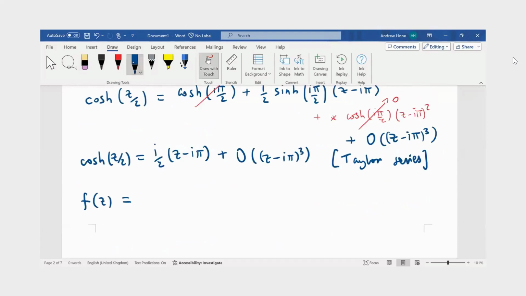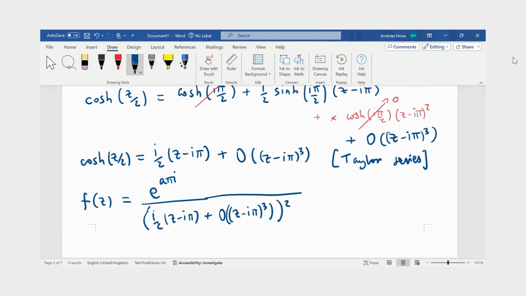Calculate the numerator at z equals i pi. So that's equal to e to the a pi i. And then on the bottom, we've got i over 2 (z minus i pi), okay, so I'm going to write this denominator squared.